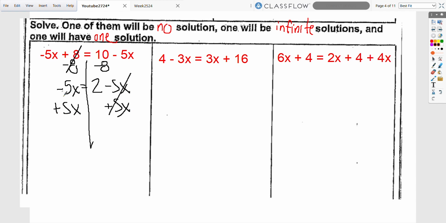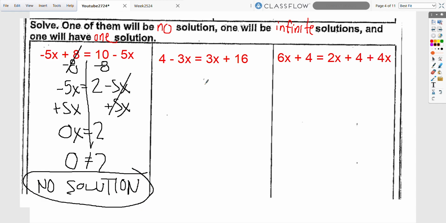That goes away. Negative 5 plus 5 is 0x equals 2. Anything times 0 is 0, which does not equal 2. Since 0 does not equal 2, this is literally wrong. That means no solution. There is no answer that makes that true.